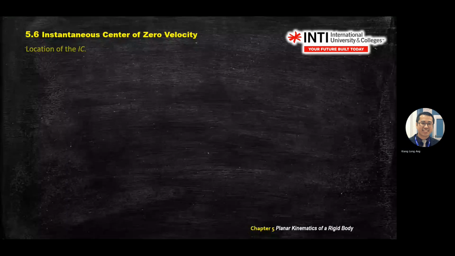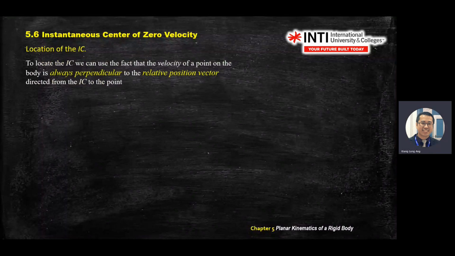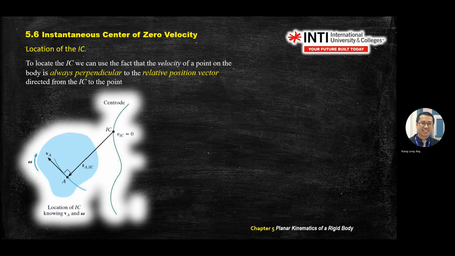Then we look at a new section called center of zero velocity, which is the location of IC. Let's say you have a rigid body and you're comparing to a centroid IC here.